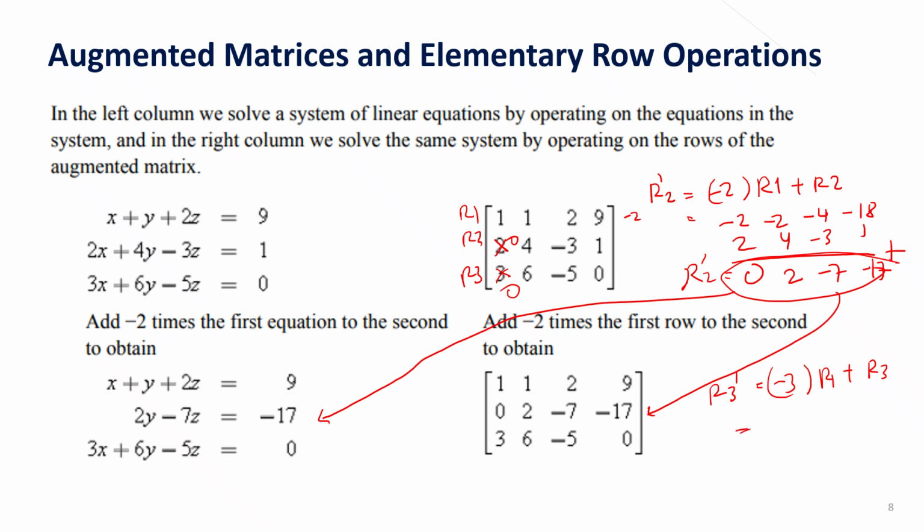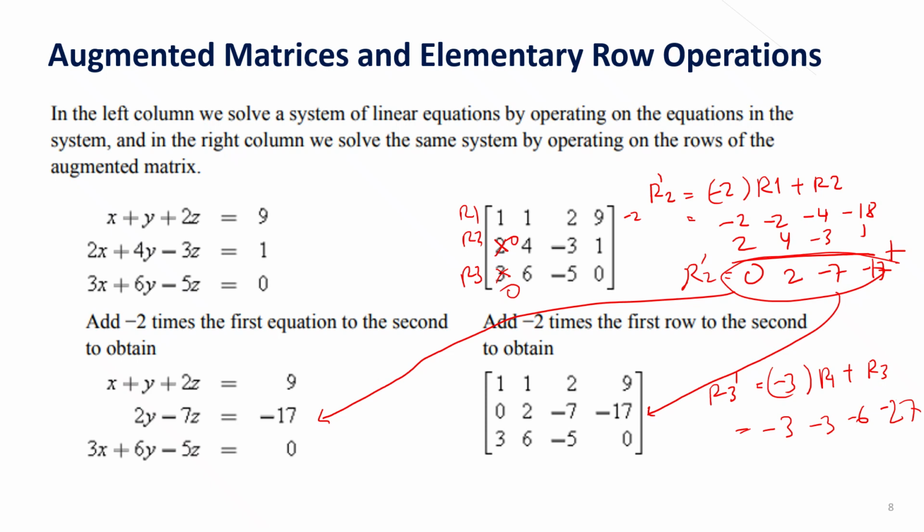Then you will have something like minus 3, minus 6, minus 19, minus 27, yeah.